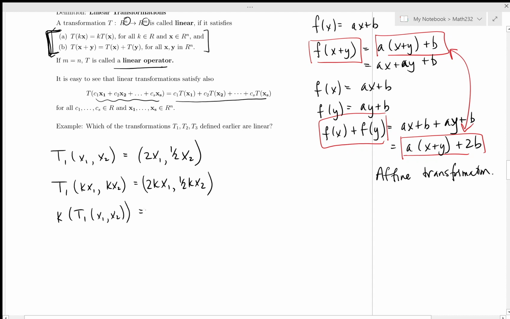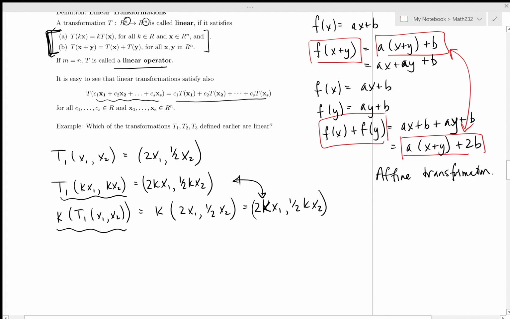Let's see what that is. That is 2kx1 plus 1 half kx2. Multiply the k onto both of them. Maybe I want to try to be more obvious. It's k times 2x1 plus a half x2, and then I multiply the k in, 2kx1 plus 1 half kx2, and I see that that is equal to that. So I see that k times this is equal to this one here. That is linearity condition 1.